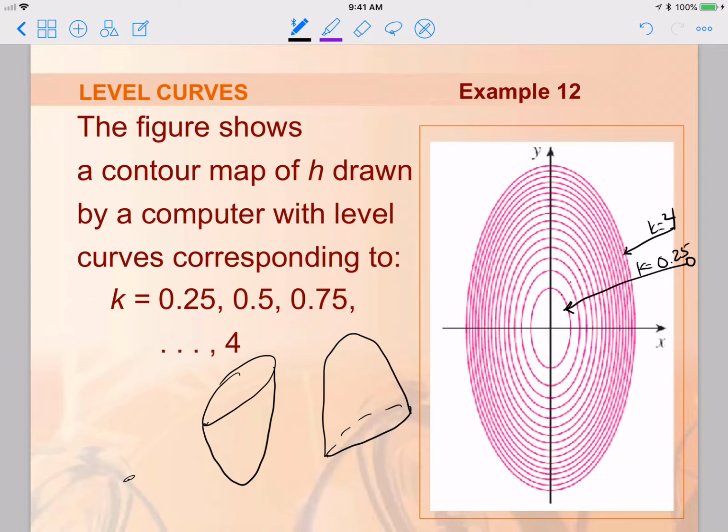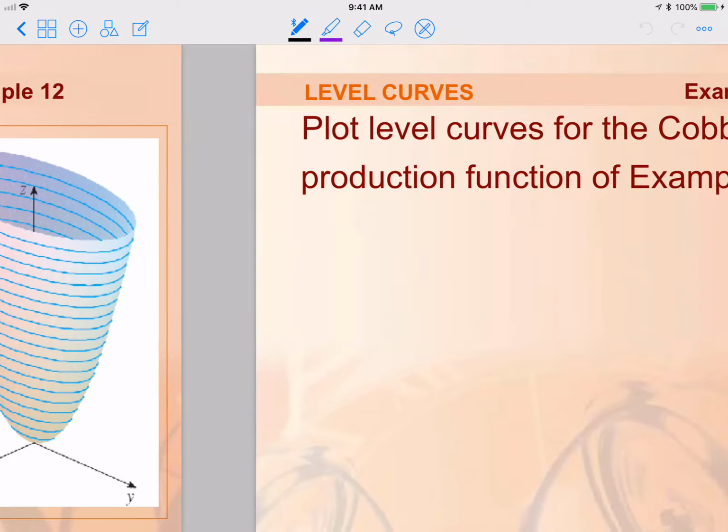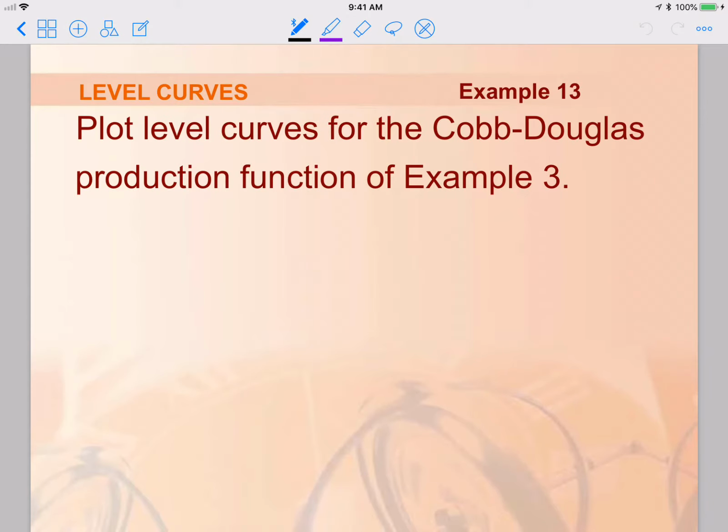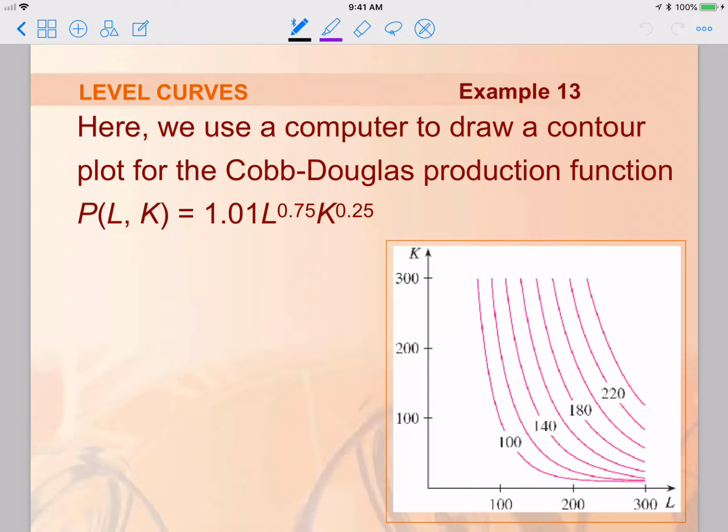So the height of 4 is going to be wider than the height of 0.25. So that's how you get the shape. Okay? Elliptic paraboloid.